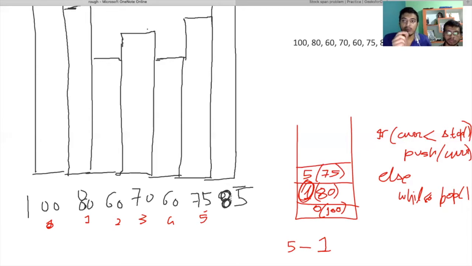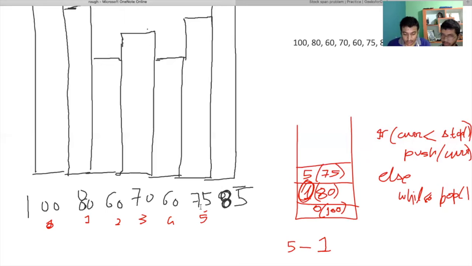So how can we calculate the answer of 85? We can do 1 plus the answer of 75, right? We can use the answer of the previous element. That will be used while we are using the indexes of the elements. Let's see how.